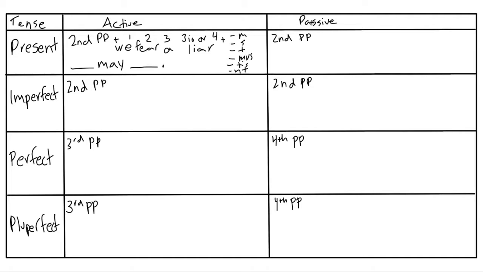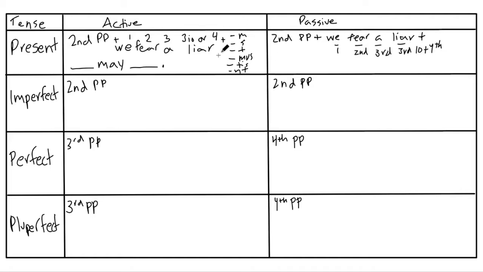So for the present passive, it's actually very similar in terms of this vowel change. So I'm just going to write, we fear a liar. And you'll know to differentiate the different conjugations based on the vowel changes. So this is first, this is second, this is third, and this is third io plus fourth.